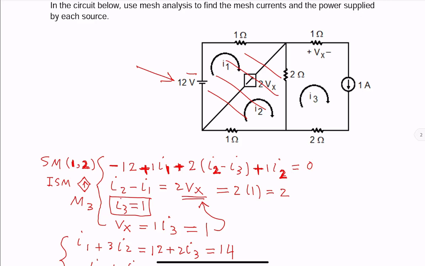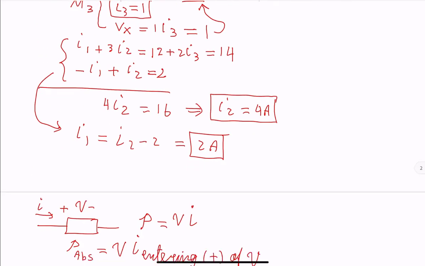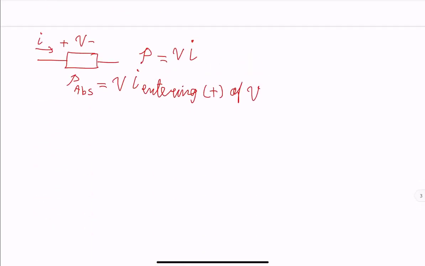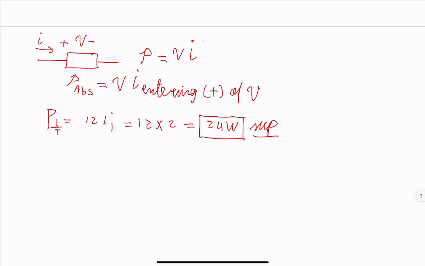So if you want to look at supplied power directly, power for that source is 12I1, equal to 12 times 2, 24 watts. Make sure you write the word supplied next to it. Otherwise, power generally refers to absorbed power.